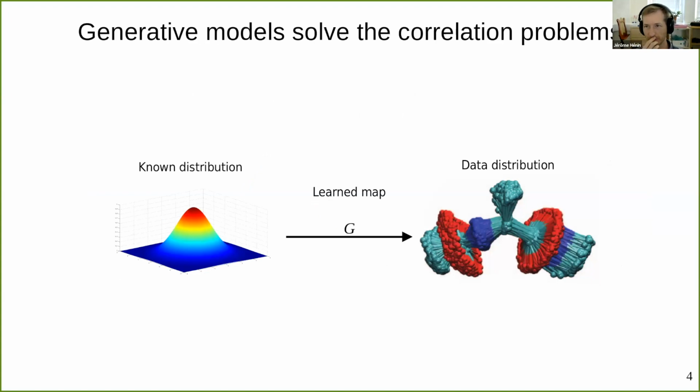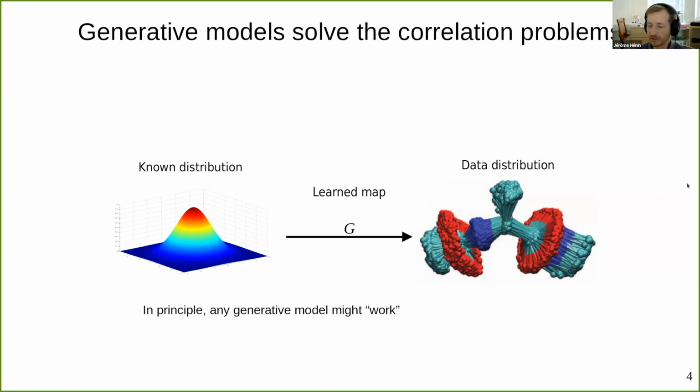Hence the idea of going to generation and saying, let's take a known prior distribution, something we can sample easily, and learn a mapping that will project it onto a relevant distribution. In principle, any kind of generative model might work, that is, generate something that looks like what we want.